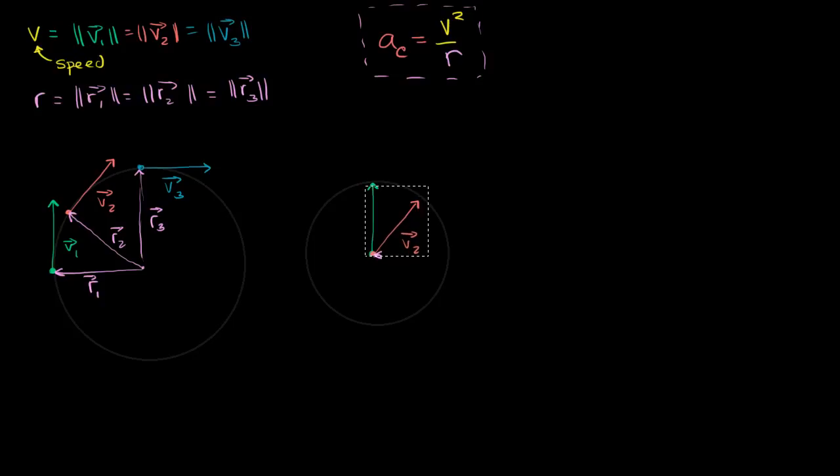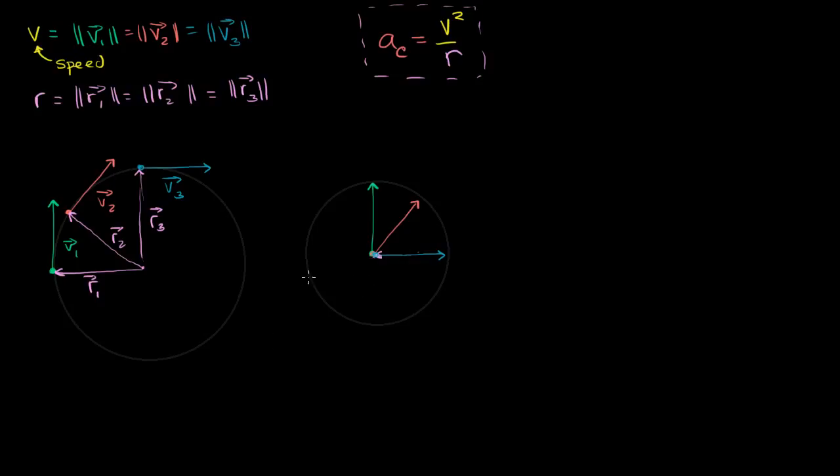And then let me do it also for v3. So v3, I'll just get the vector part. I don't have to get the label. So copy and paste it. And that right over there is vector v3. And let me clean this up a little bit. So that's clearly v2. I don't think we have to label it anymore. We know that v2 is in orange.